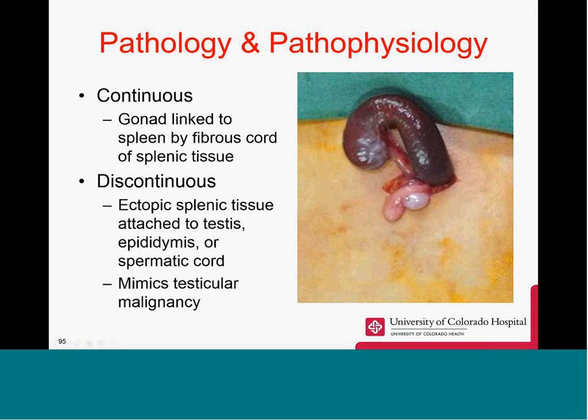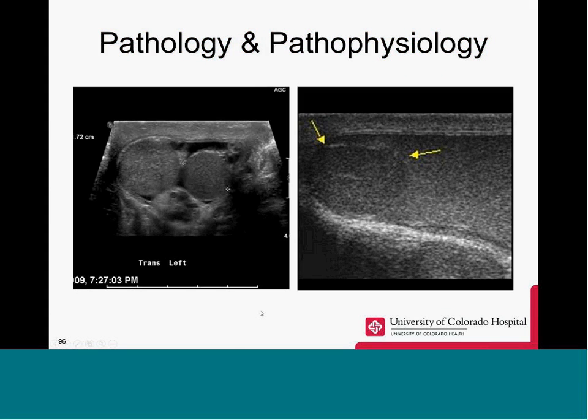Here we can see the testicle connected to the spleen with a fibrous cord. On ultrasound, here we see an intrascrotal testicular mass. This one is within the testicle itself, both proven to be splenic tissue.